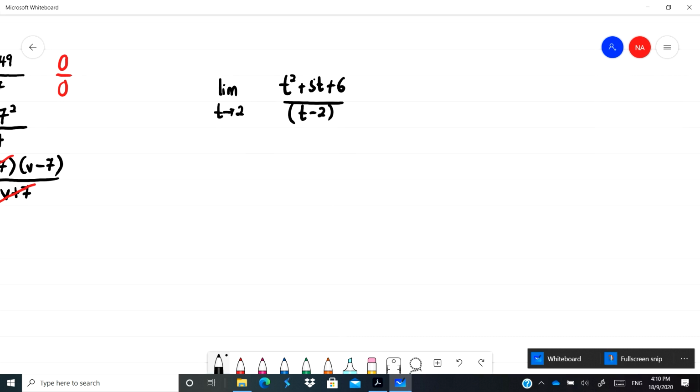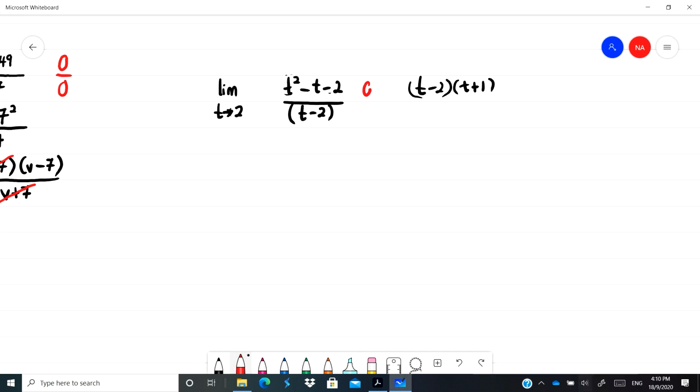Sorry, this is not 0 over 0 case, so let's say we have t squared minus t minus 2, which factorizes as t minus 2 and t plus 1. All right, so if you substitute the value of t with 2, you'll get 0 over 0 case. So you have to factorize the numerator.